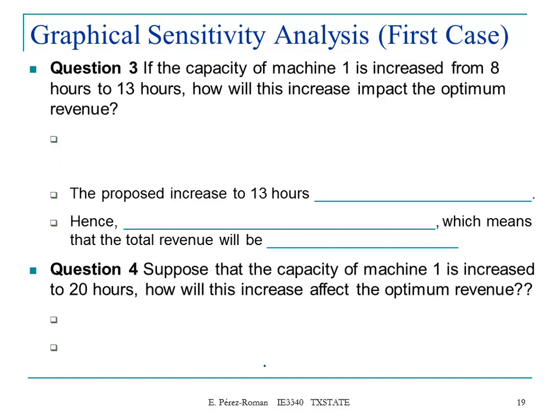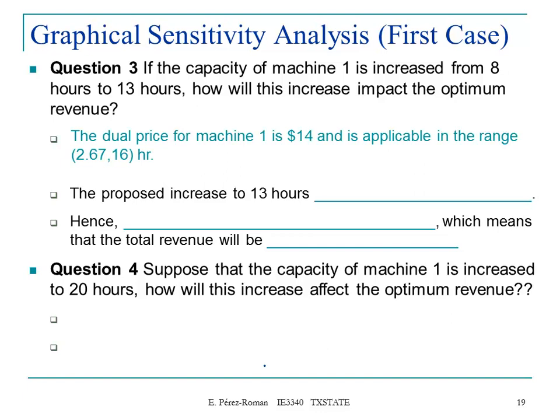So if you have 5, that should increase your profit by 5 times that $14. Okay, but first, you need to find out if the dual price is applicable for this size. So you know that dual price will be applicable from 2.67 to 16 hours. So if you go from 8 to 13, that dual price still applies.